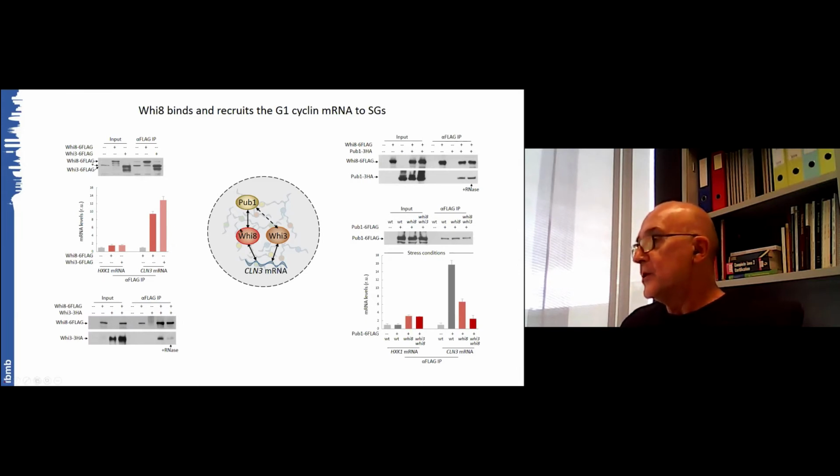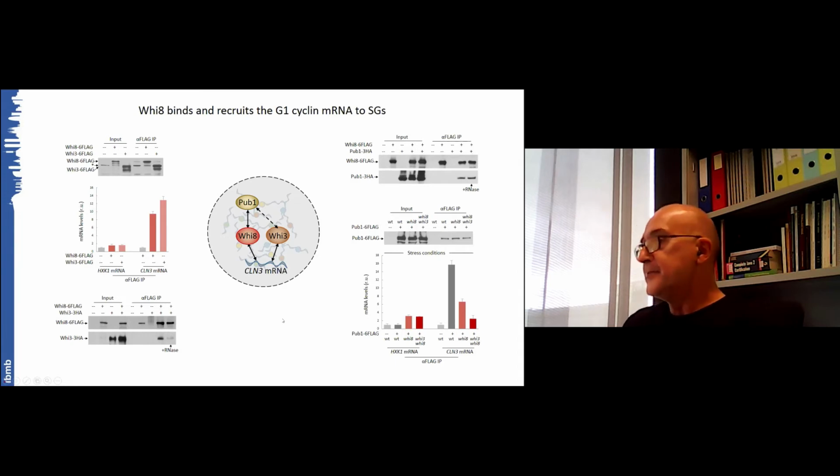We also learned that V8 interacts with PUB1. PUB1 is a central protein in stress granule formation, and it's a poly-A binding protein. It binds almost all RNAs, as long as they have a poly-A tail. And PUB1 has an important role in the stress granule assembly.